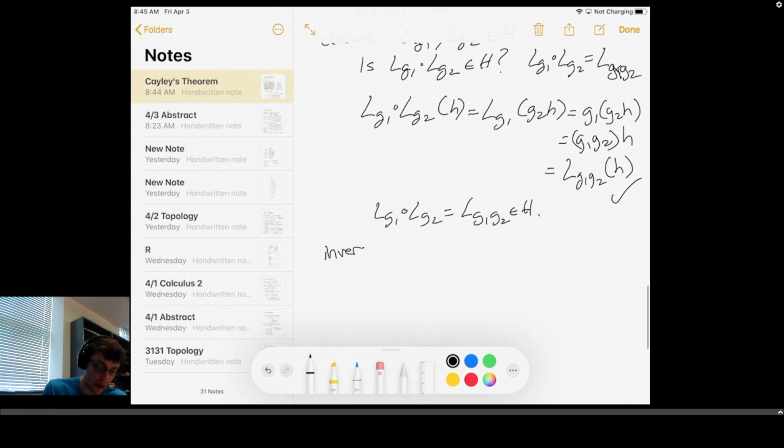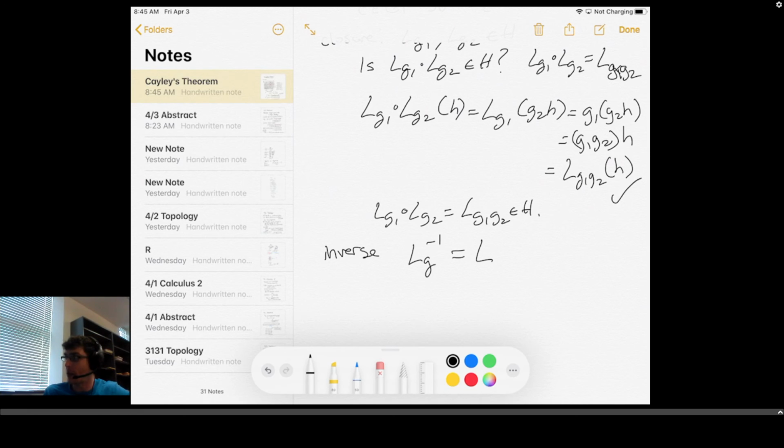What do you think the inverse is going to be of L_G, if you had to guess using group knowledge? Any ideas? So it has to be L sub something, right?